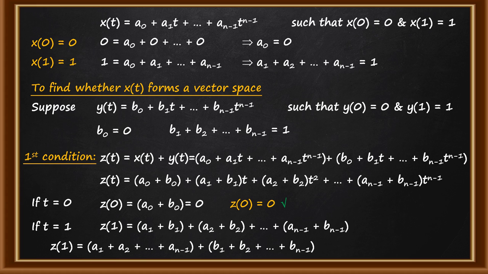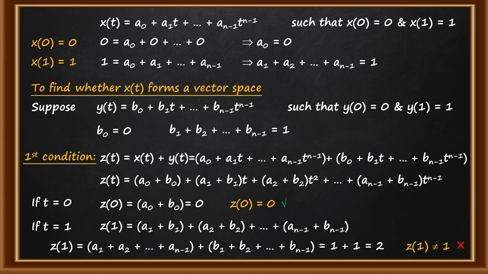We have already got a1 plus a2 up to a(n minus 1) equal to 1, and b1 plus b2 up to b(n minus 1) also equal to 1. So this will be 1 plus 1 equal to 2. But the condition it should satisfy is z(1) equal to 1, and we have got z(1) equal to 2. That means z(1) is not equal to 1, so the second condition of the given polynomial is not satisfied here.